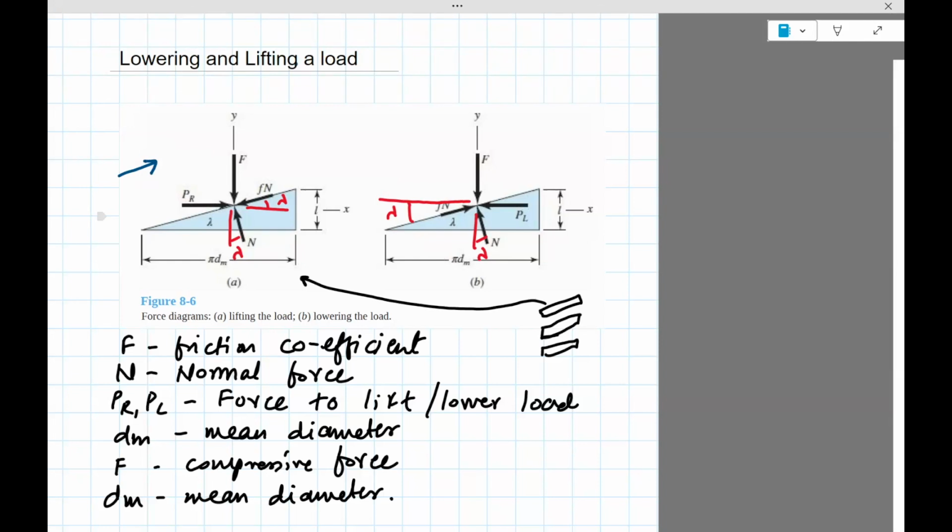So the screw will move in this direction, which means that the friction force will oppose, in the opposite direction. There's always a normal force, which is normal to the slope, and then this force here is an external force. You're trying to apply a force P_R, which will cause this to move up in spite of this force F, which is an external load. Okay, so F is the compressive force, this is the external load.